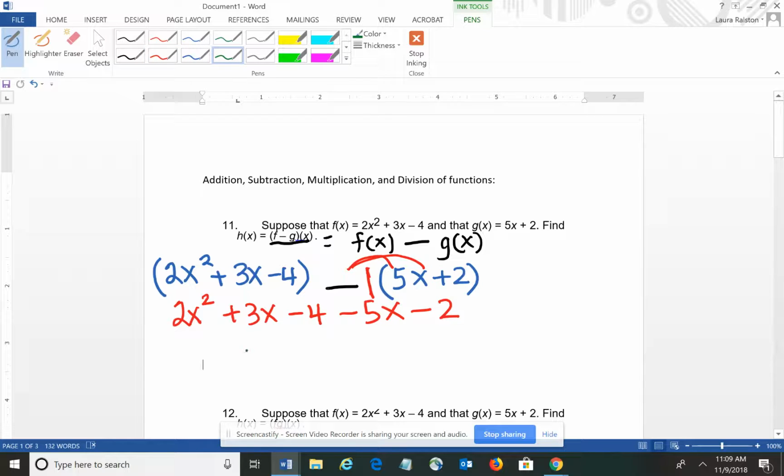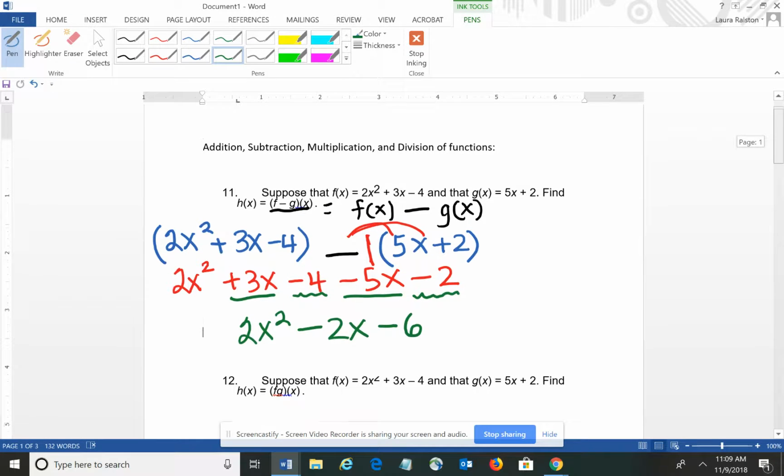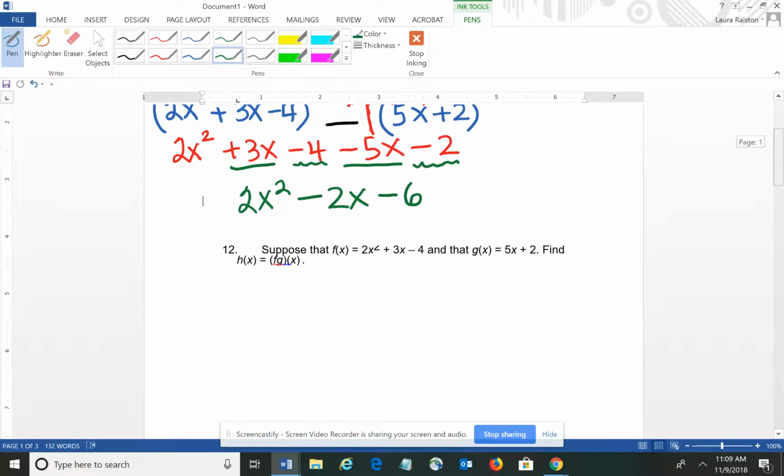There's nothing to combine with 2x squared, so I have 2x squared. We have positive 3x minus 5x, which would be minus 2x. Negative 4 and minus 2 would combine to give us minus 6. So f minus g at x equals 2x squared minus 2x minus 6. It's really a skill you already know because you're simply combining like terms.